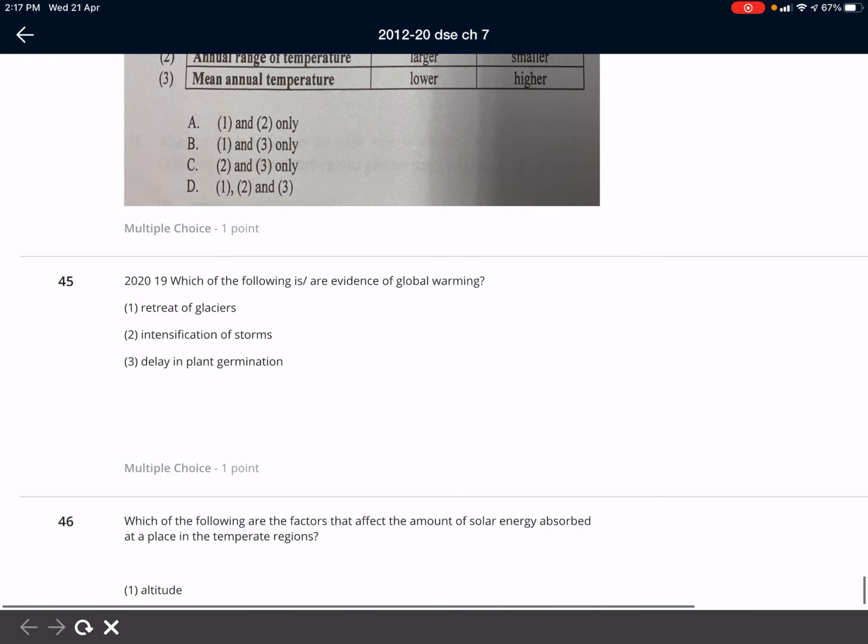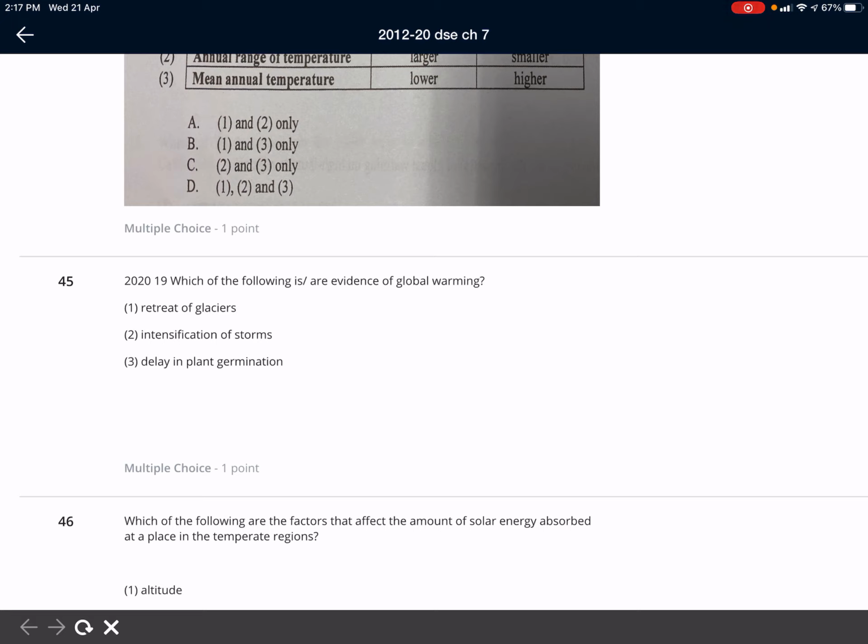Which of the following are the evidence of global warming? Retreat of glacier, true. And then the intensification of storm, true. Delay of plant germination is also affecting, isn't it? But wait a minute, plant germination delay is not the case because it's getting warmer always. So number 1 and 2 only.